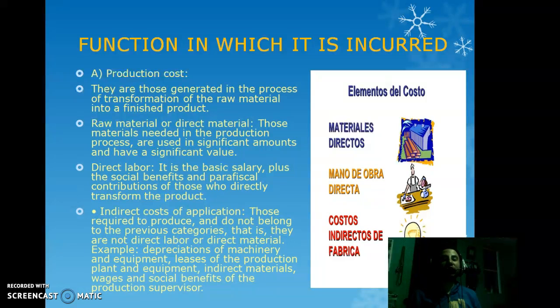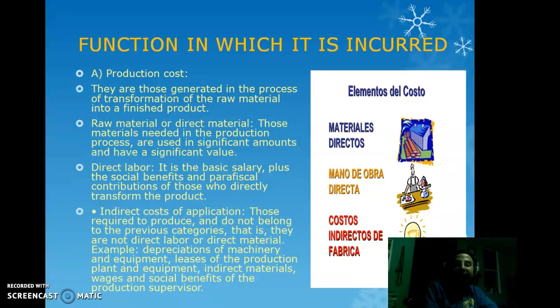We can create a finished product. The second one is the direct labor. It is the basic salary plus the social benefits and parafiscal contributions of those who directly transform any product. It is the person required to transform the product, to create or to make this product.